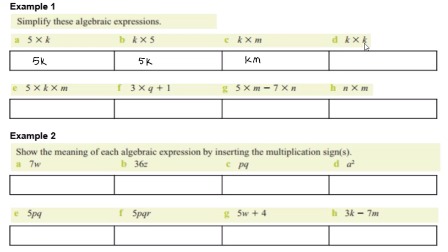Now when we have k times k, we could write it as kk, but again we can simplify that. We can use our indices or our index laws and write this as k to the power of 2.